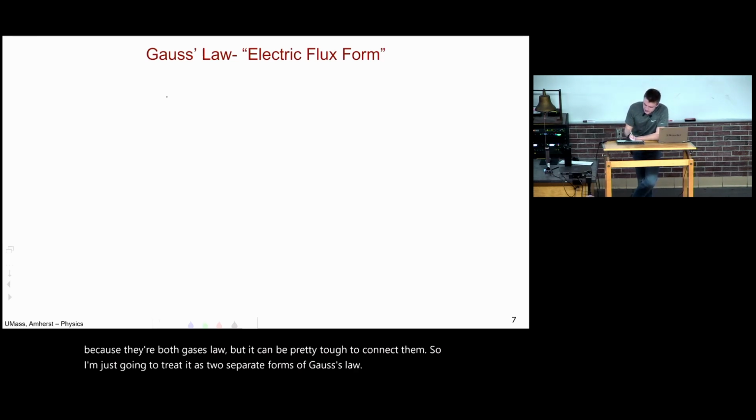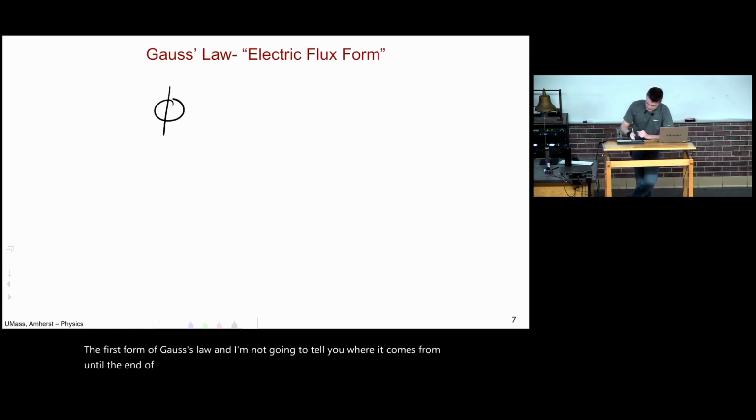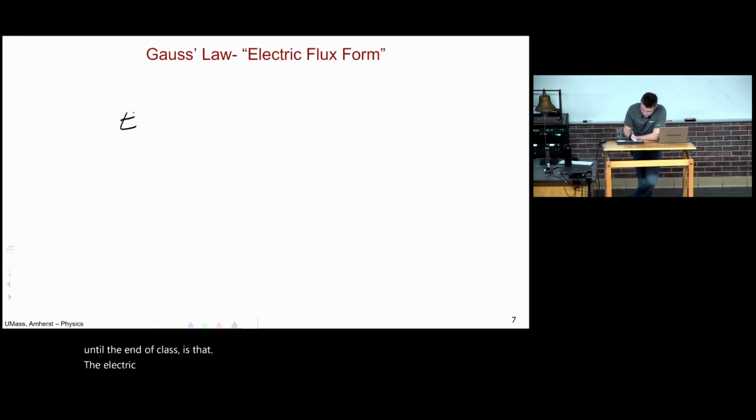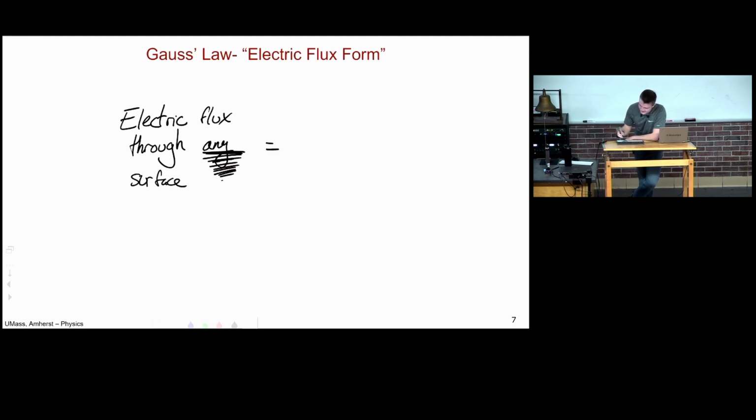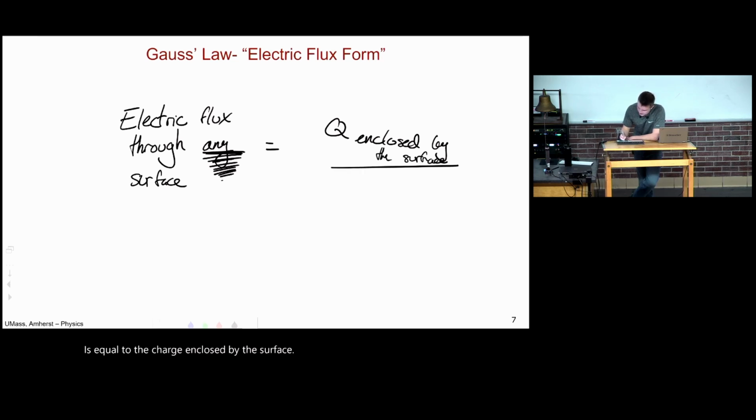The first form of Gauss's law, and I'm not going to tell you where it comes from until the end of class, is that the electric flux through any surface at all is equal to the charge enclosed by the surface divided by that weird constant epsilon 0 that I promised would come back.